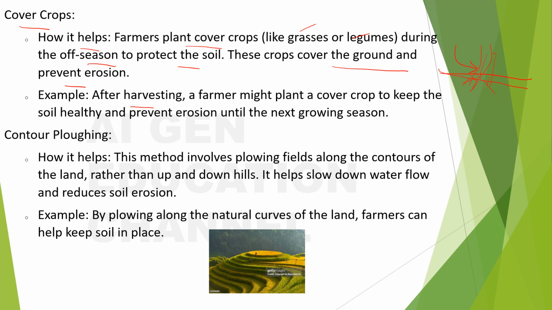After harvesting, a farmer might plant a cover crop to keep the soil healthy and prevent erosion until the next growing season. Next is contour plowing. How does it help? This method involves plowing the fields along the contours of the land rather than up and down the hills.